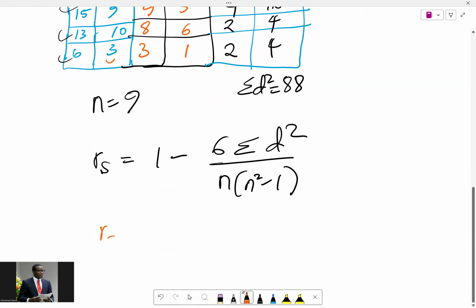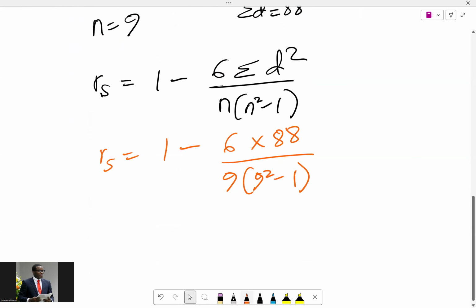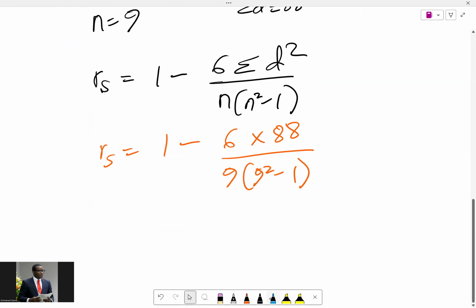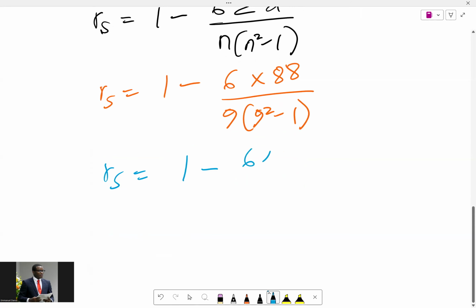Rs equals 1 minus 6 times 88 divided by 9 into 9 squared minus 1, where 9 squared is 81 minus 1.